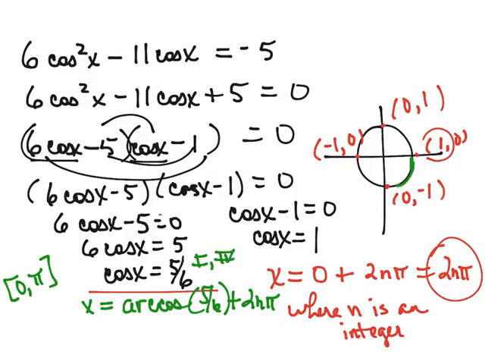So when I look at my fourth quadrant, I would get an opposite signed answer for my angle than one that is in the second quadrant between pi over 2 and pi. So my other answer would be the opposite of the arc cosine of 5/6 plus 2n pi. Now you can, of course, use a calculator to come up with what these answers are approximately.